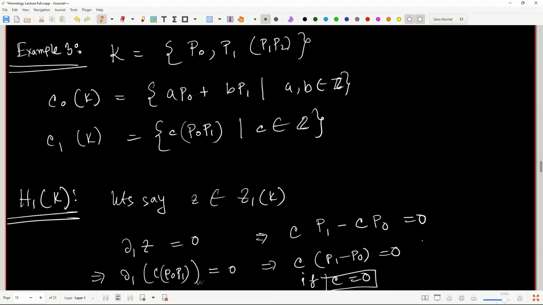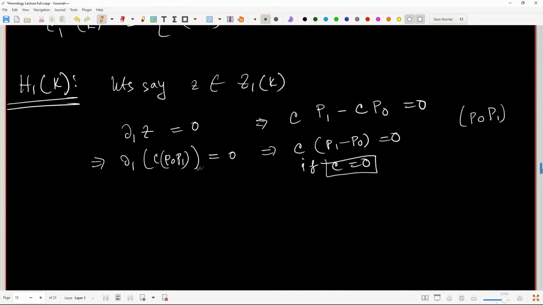Now we note that this P0 P1, the one simplex P0 P1, can't be the boundary of any simplex as well. And hence what we conclude is that the boundary set contains only the additive identity, or so to say 0 in this case.